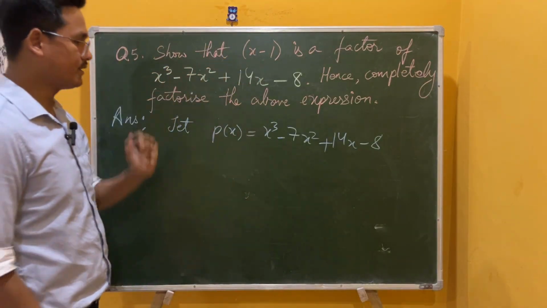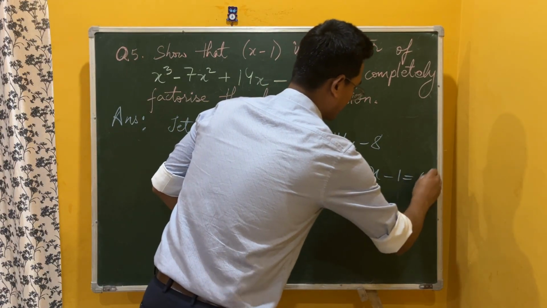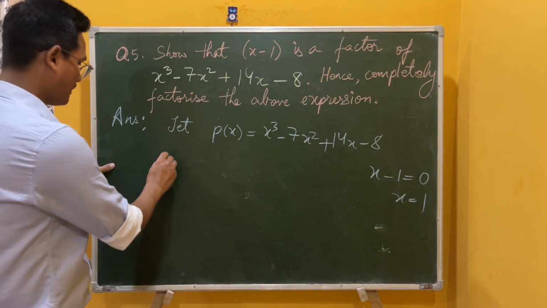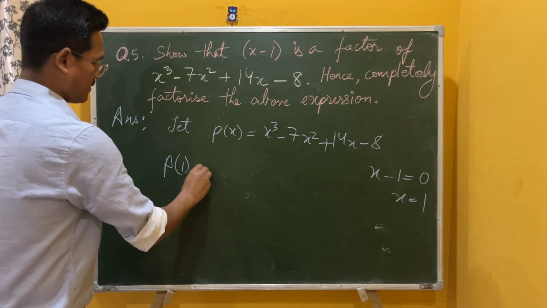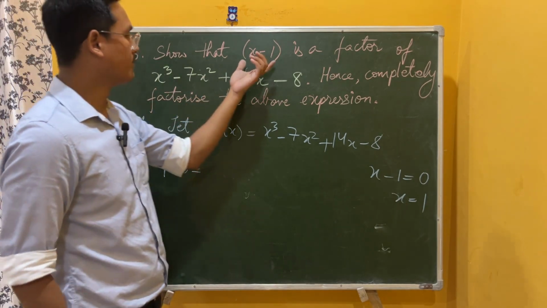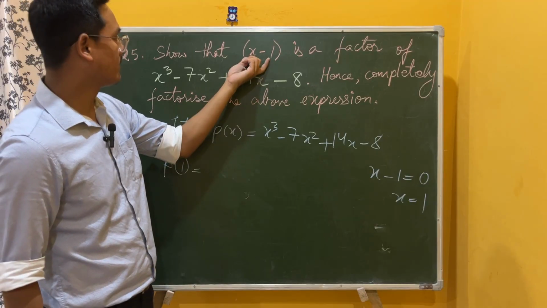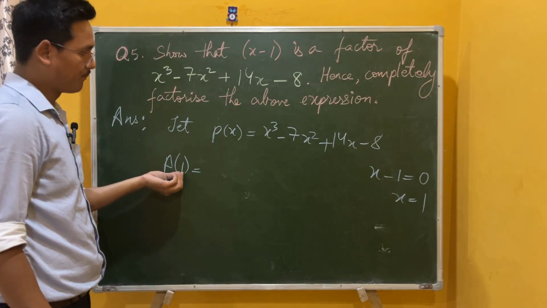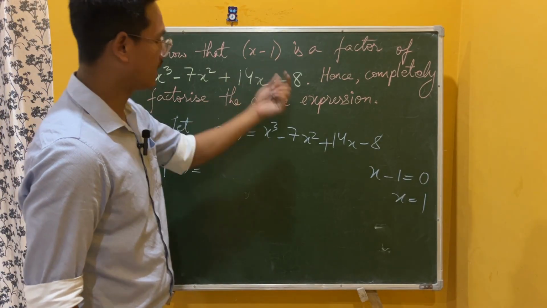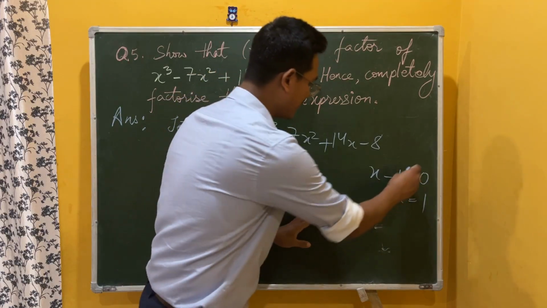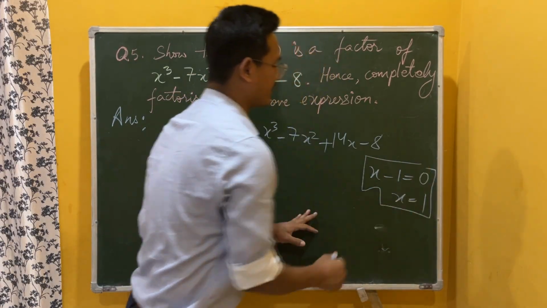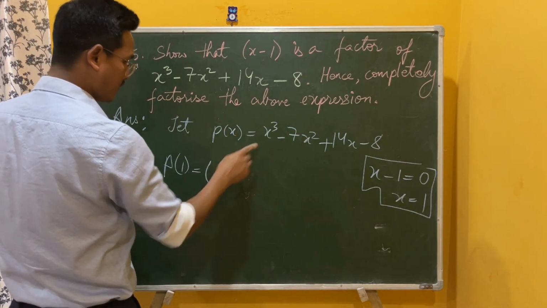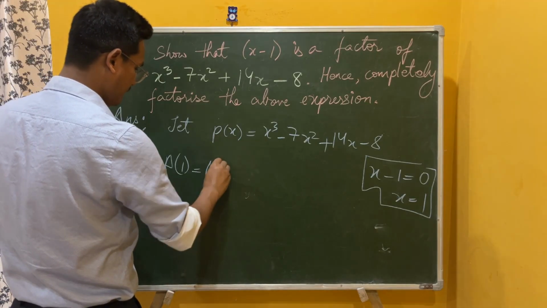So if this is divided by x minus 1, then x minus 1 equals 0, x equals 1. By now you must have understood that when the divider is given as x minus 1, the remainder is directly p(1), because this will equate to 0 and 1 will go to that side. So this becomes automatic. So here replace the values of x by 1.